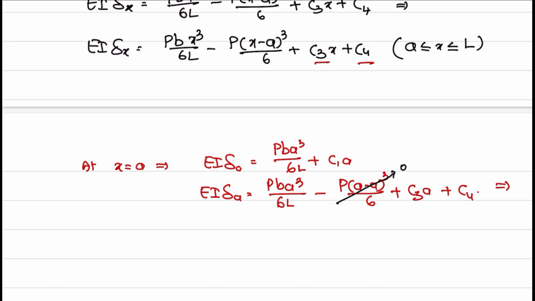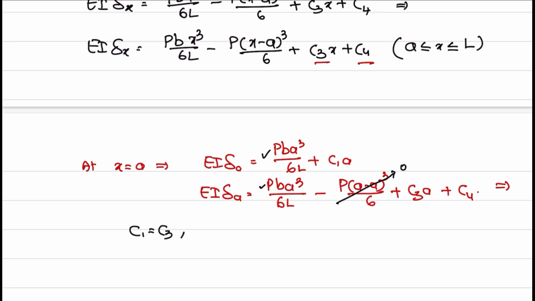Now PB A cube by 6L, PB A cube by 6L, it is valid. Now C1 into A, C3 into A. That means C1 is equal to C3.